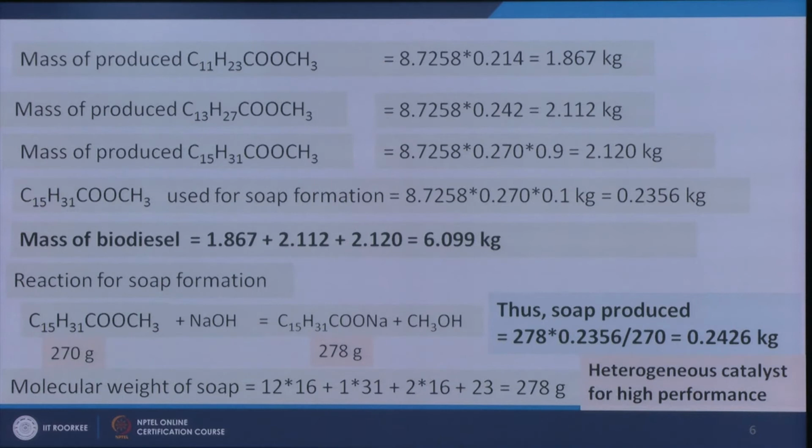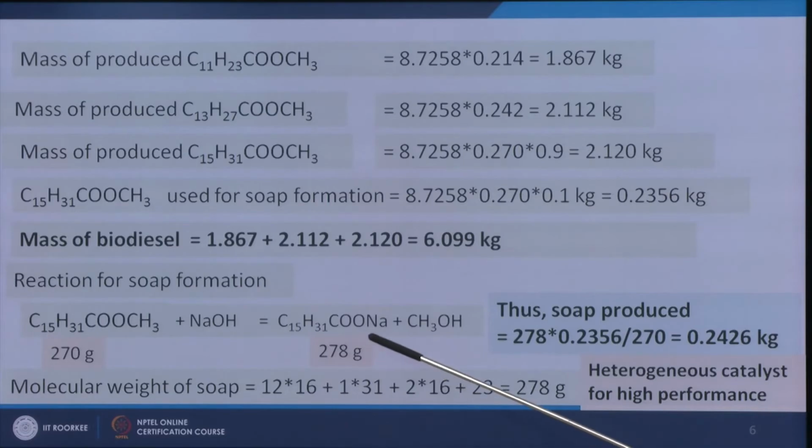So, this is the mass of the biodiesel, and the mass of the glycerin we have got. Now, the mass of soap we have to calculate. So, this amount of methyl ester of palmitic acid is converted to soap. We are assuming this reaction is taking place, giving the sodium salt of this palmitic acid.